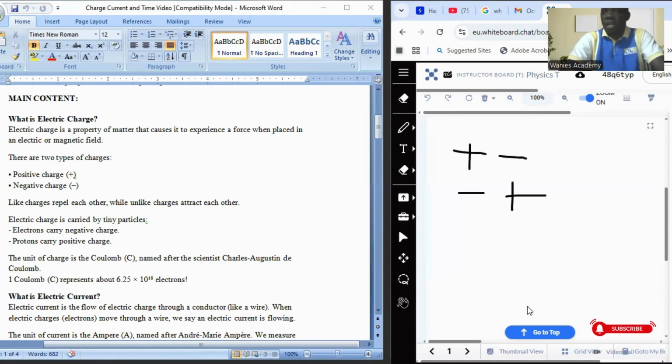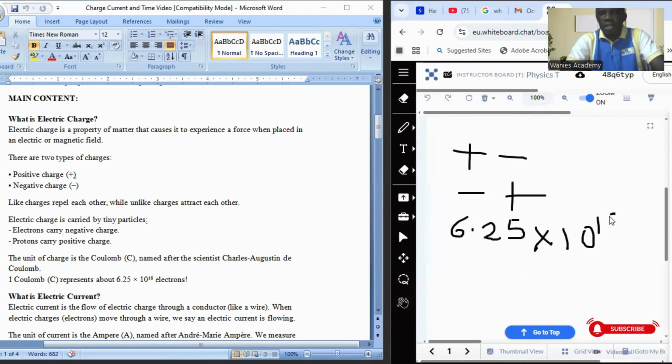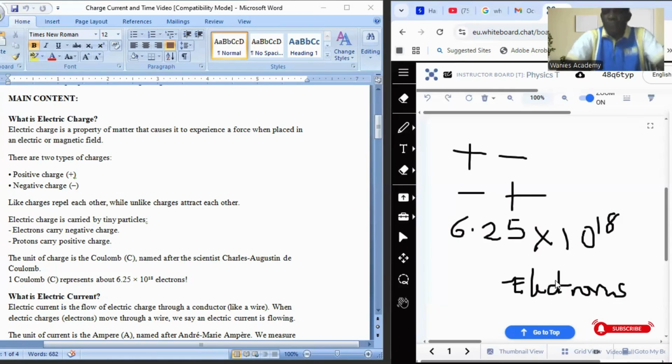So 1 coulomb represents about 6.25 times 10 raised to power 18 electrons. That is the value.